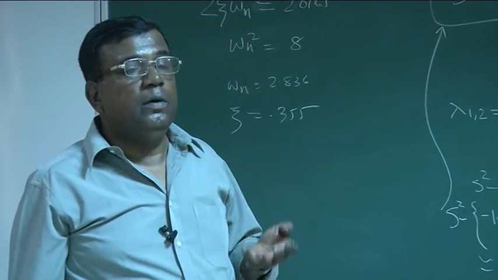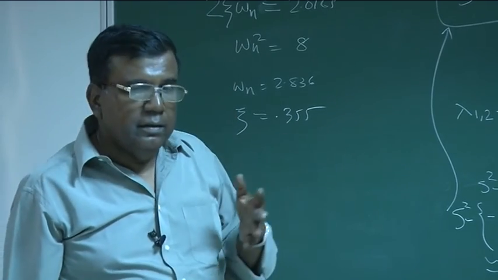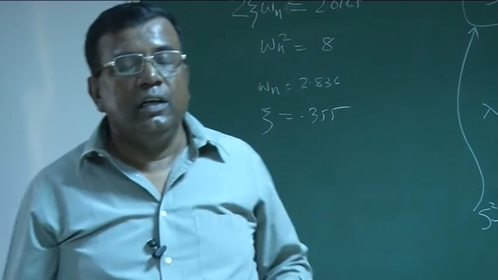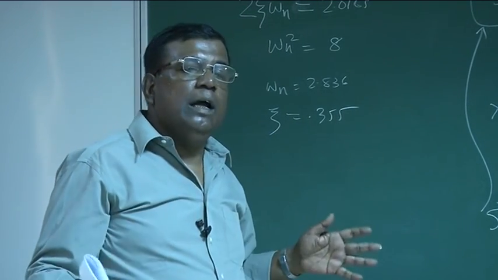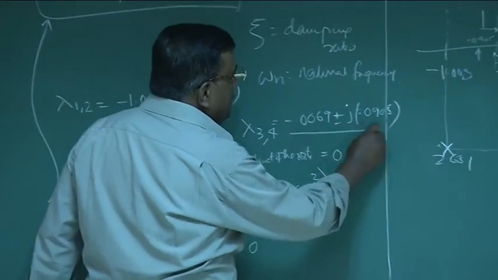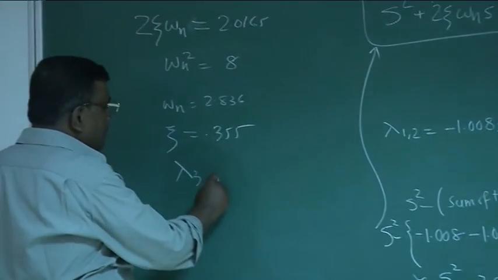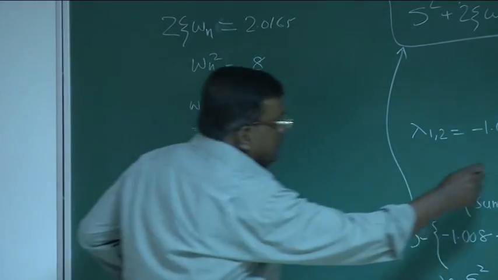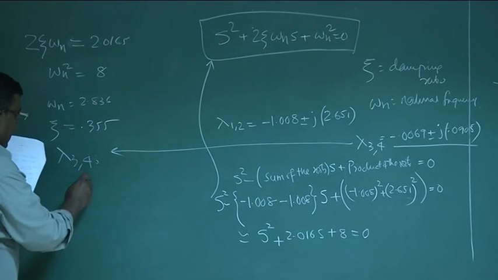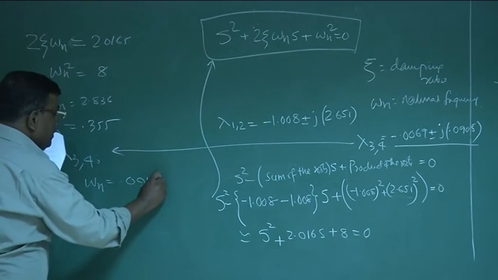The classical book talks about alpha almost remaining constant. There is a debate. But let's see, you understand that some sort of kinetic energy and potential energy conversion is there, and it takes longer time to come back to equilibrium, which you could see easily from the second equation. If we again find the roots for this, lambda 3, 4, if I solve that equation in a similar way to what we have done here, then we will get omega n equal to 0.091 radians per second.